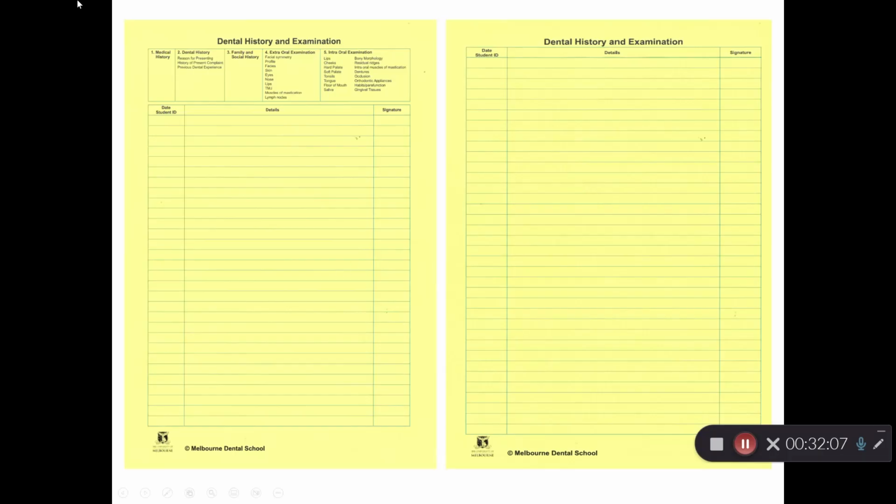So the next thing's the dental history, and it's in the clinic. It's a university form, a Melbourne Dental School form. It's not a hospital form, where you actually collect your information and write it down, so that it makes it much easier for the demonstrator to check it.